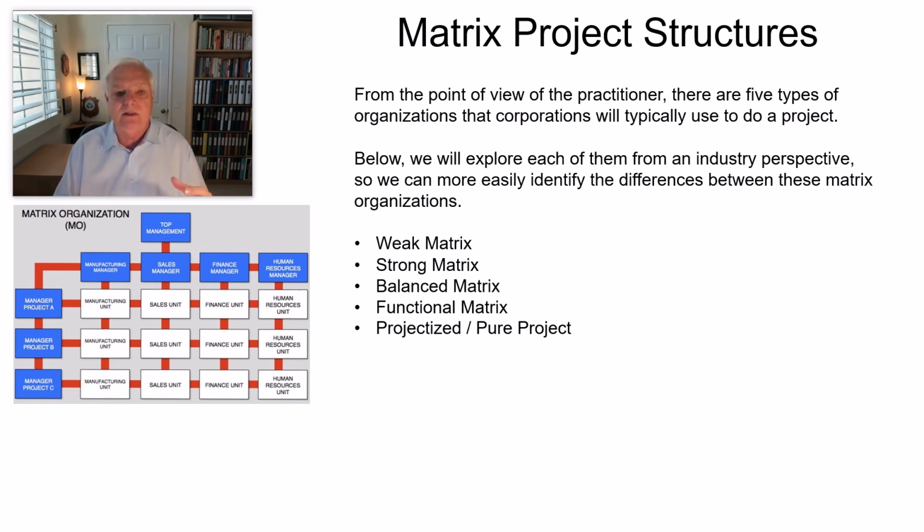So we have something that's referred to as a weak matrix. You have a strong matrix, you have a balanced matrix, you have a functional matrix, and you have a projectized / pure project. All 5 of those are typical project, I'll call it structures, that you're going to see in organizations. And each of them has a different or unique perspective to it.